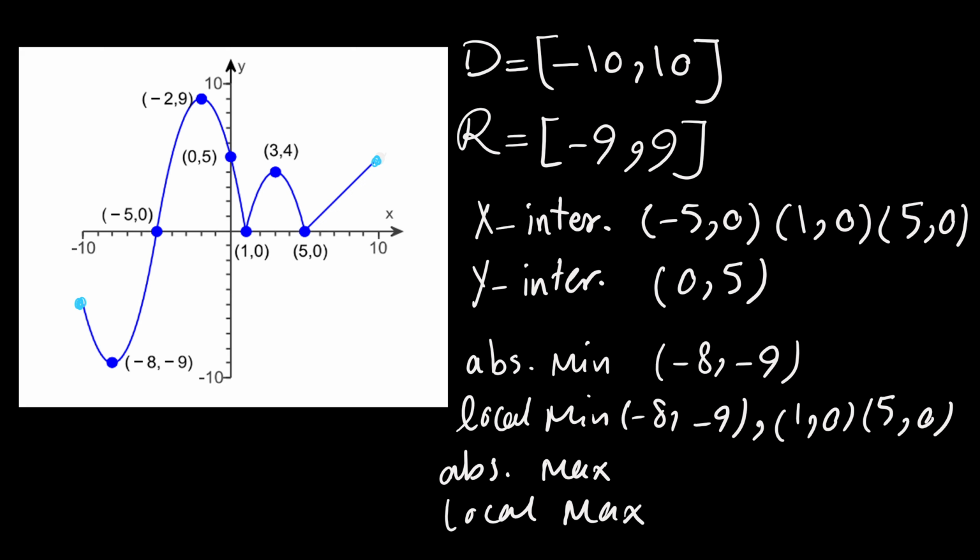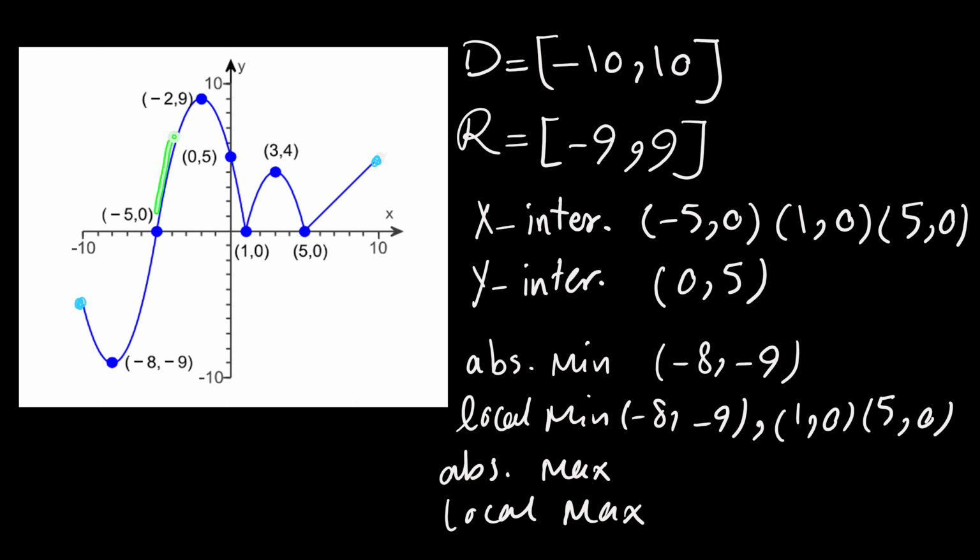The behavior of function around the maximum is opposite. The function is increasing before maximum and after maximum is decreasing. Here you see that there are 2 points with this property.